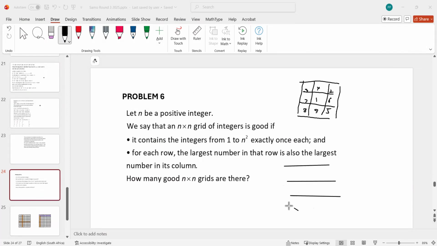All right. So how do I construct it? Well, I take the very largest number first. In this case, it'll be 9. And I'm going to put it anywhere in the grid.